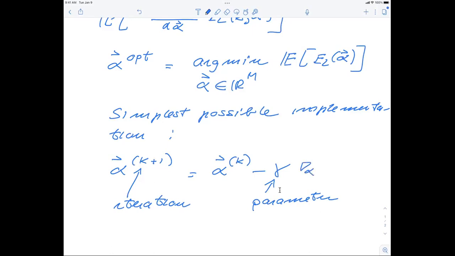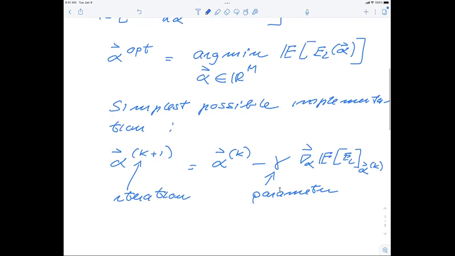So we need the gradient of the local energy. So this is the expected value, and I'm just writing this E_L, evaluated at alpha at the kth iteration. So we would evaluate the local energy at a given set of points alpha, and then we would get the gradient.